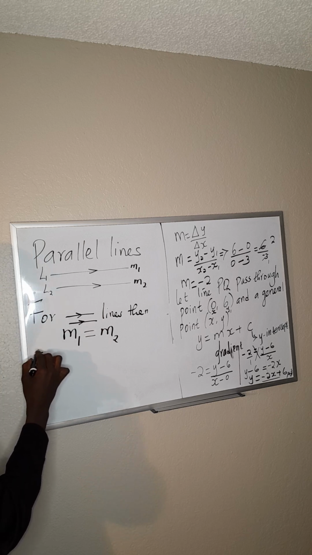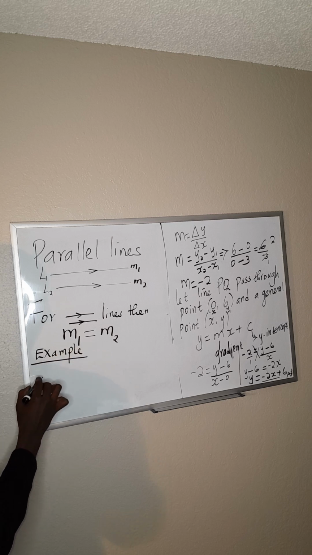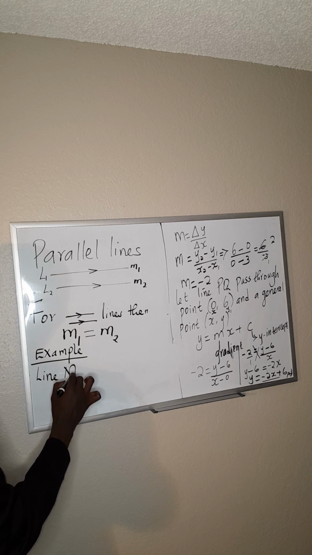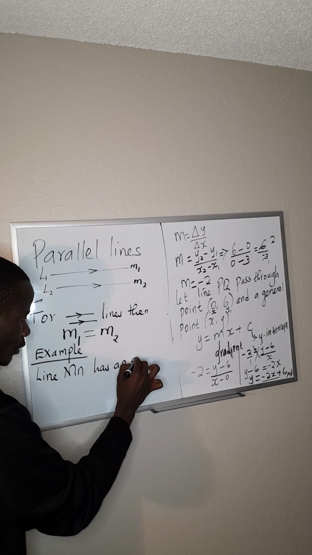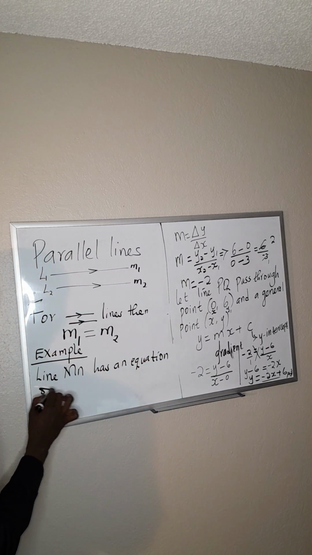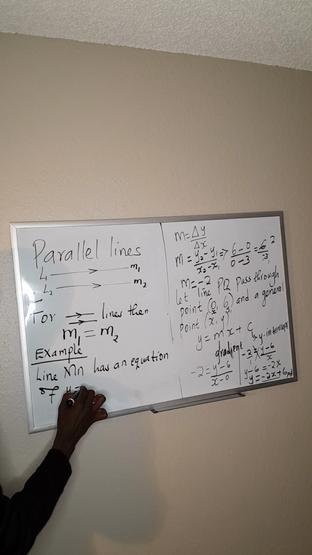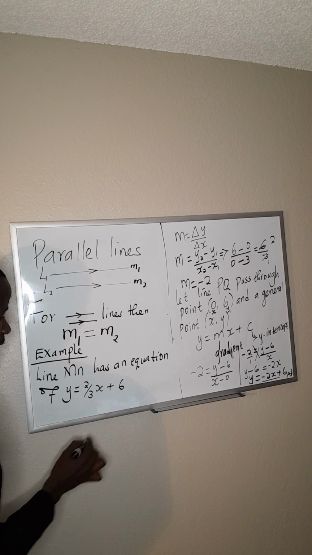I will give you an example of a question here and try to solve. Example. Line MN has an equation of y is equal to 2 out of 3x plus 6.